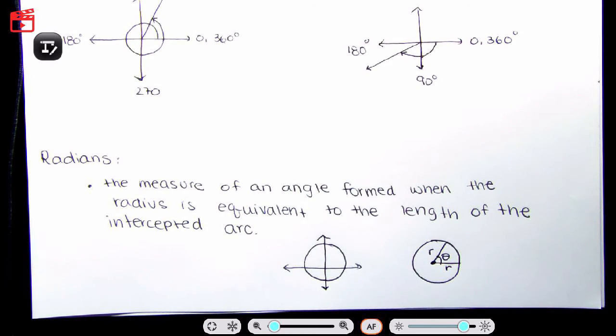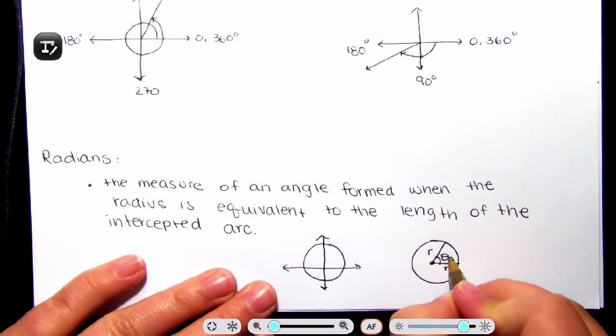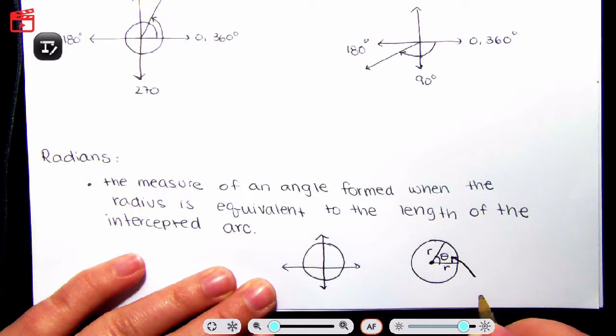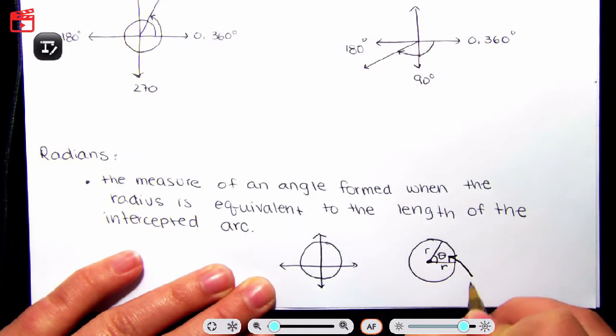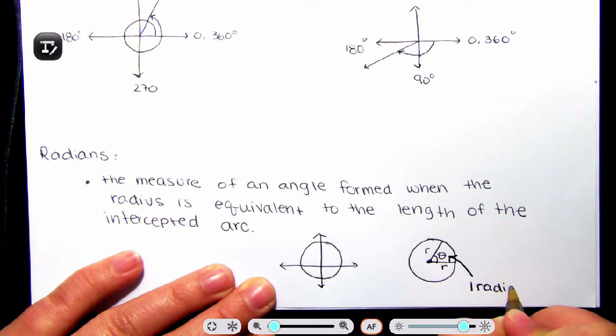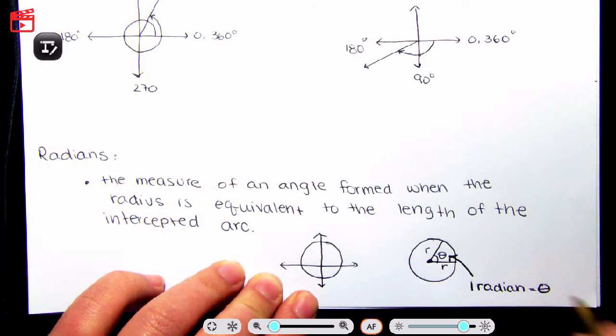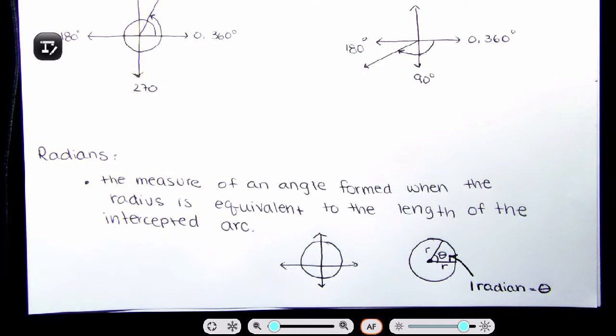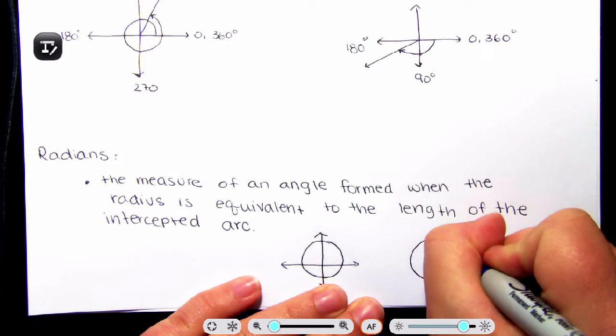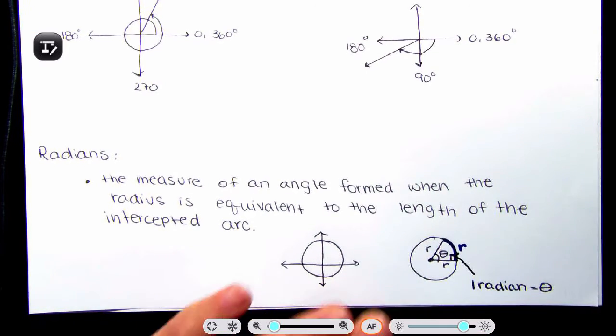The angle measure of, I thought it was a different color. Turns out it's black still. So 1 radian for your angle measure of theta is equal to 1 radian when this arc right here is also the length of the radius.